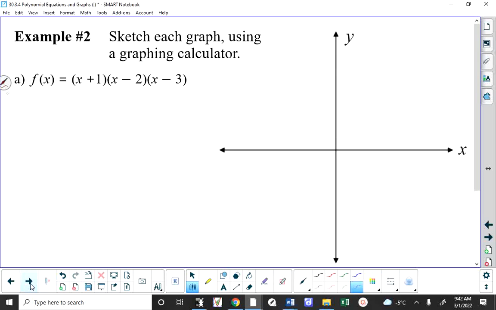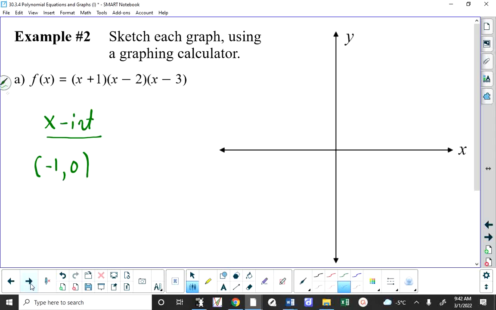Okay, so now what we're going to do is do some sketching here, and it says use a graphing calculator, but that would be if you were working on this on your own. I have the functions loaded up on a graphing program that will make it easier to see, but before we graph this, you should be able to look at this function and say that we have the following x-intercepts. You should have an x-intercept at -1, shouldn't you? Because there's a factor of x plus 1.